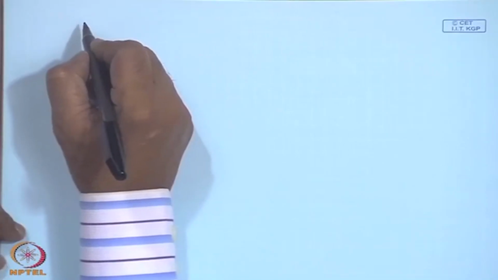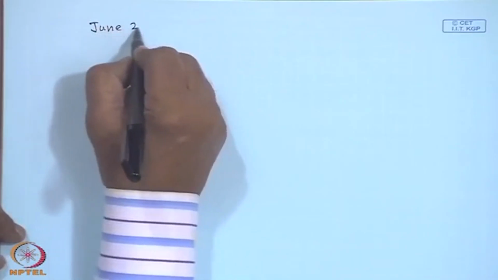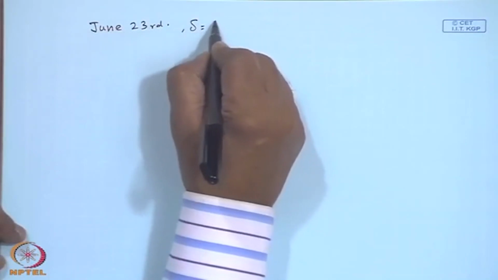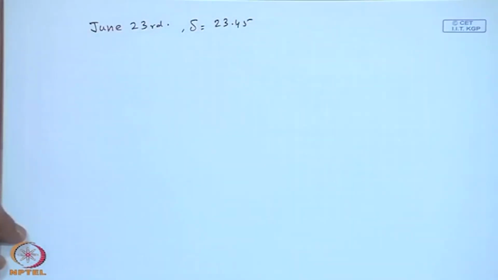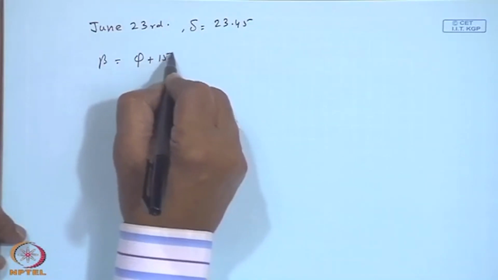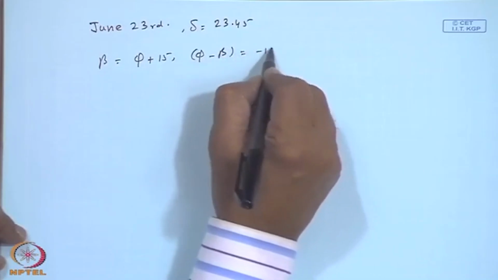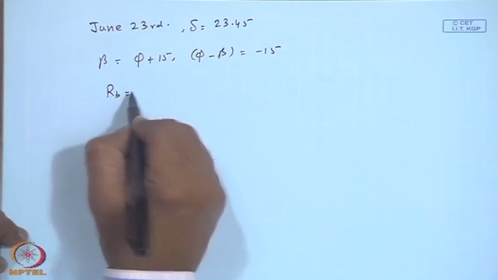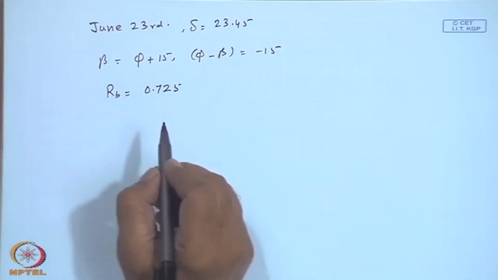So, we go to the next date, June 23rd, and declination is 23.45. First case being beta phi plus 15 or phi minus beta equal to minus 15, and RB you will have a low value, less than 1, 0.725.